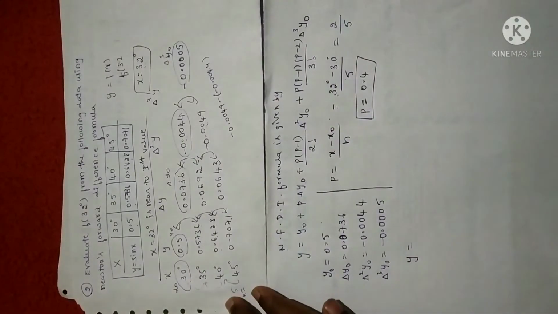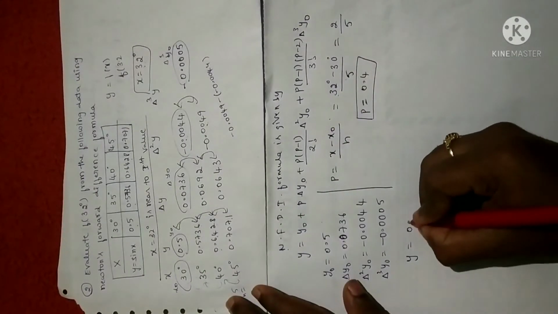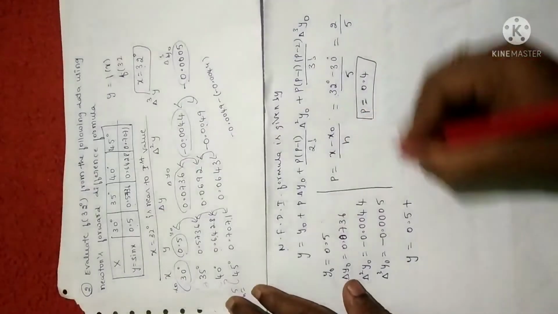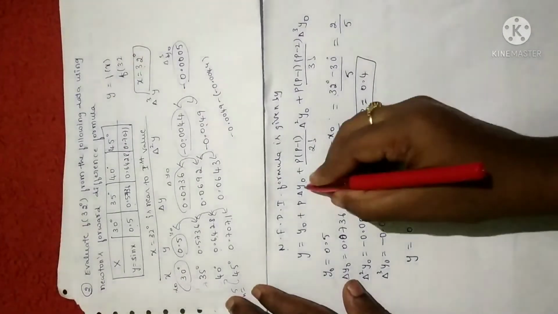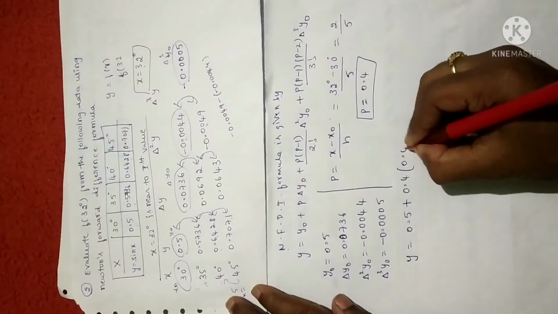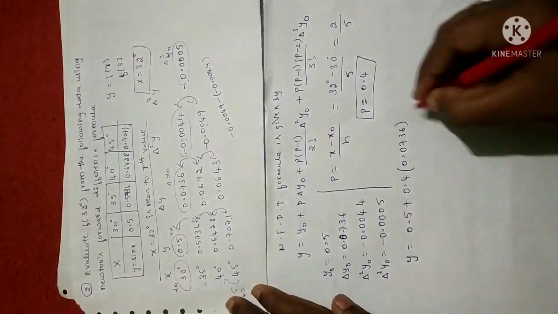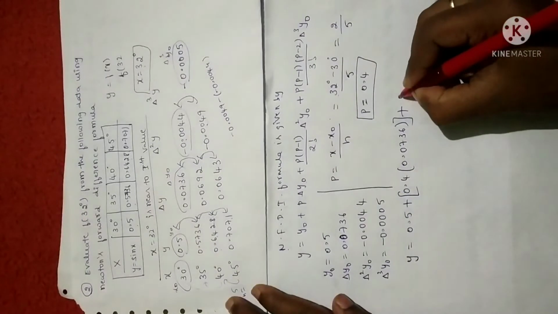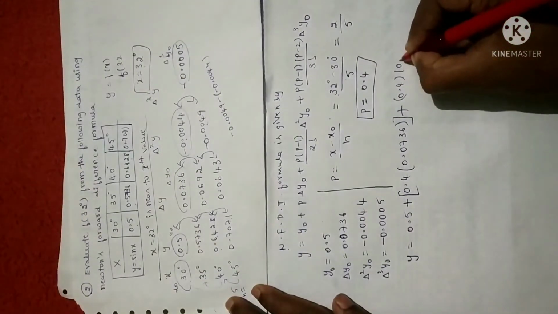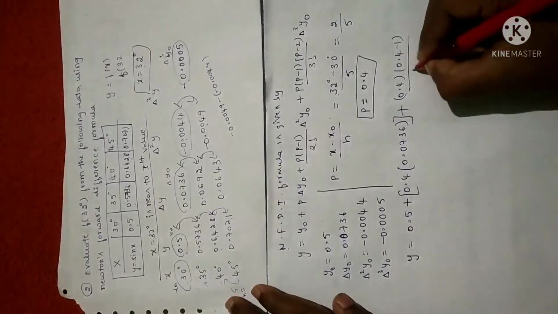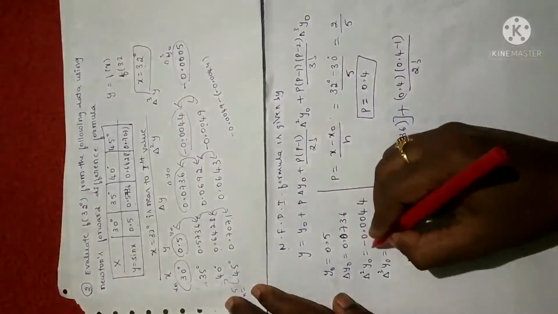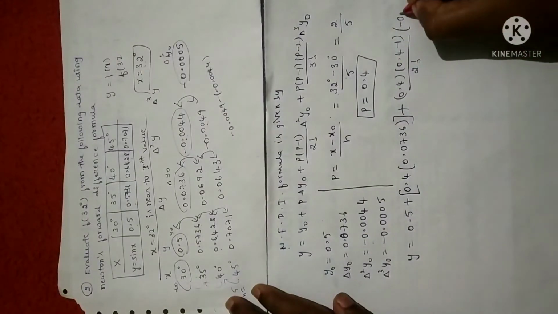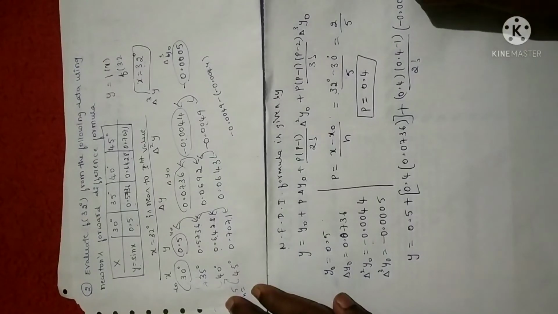Now we need to substitute all these values in the formula. So you will get y is equal to y naught, 0.5, plus p, 0.4, into delta y naught, 0.0736. Plus, this is the second term, p into p minus 1 divided by 2 factorial, that is 0.4 into 0.4 minus 1, into delta square y naught, minus 0.0044.